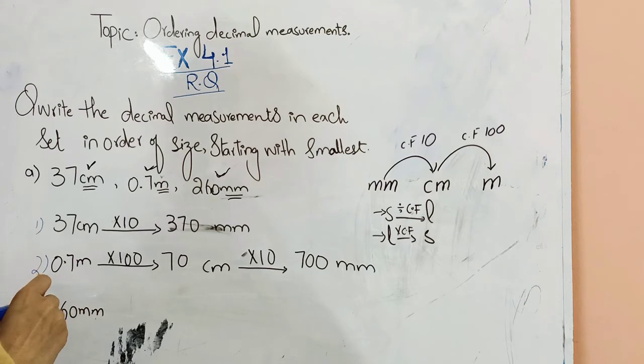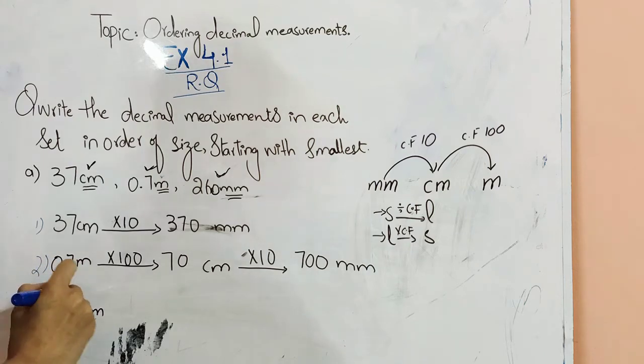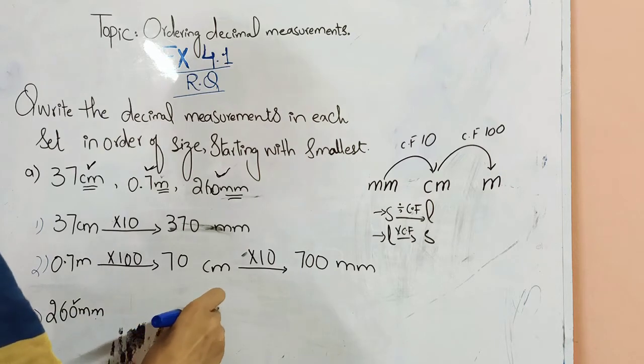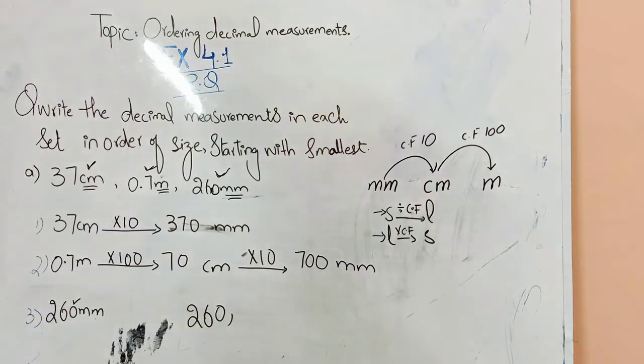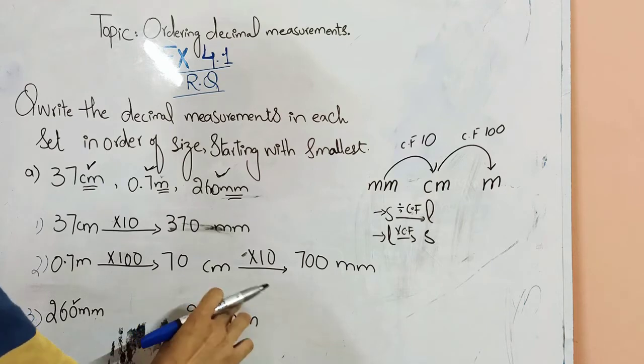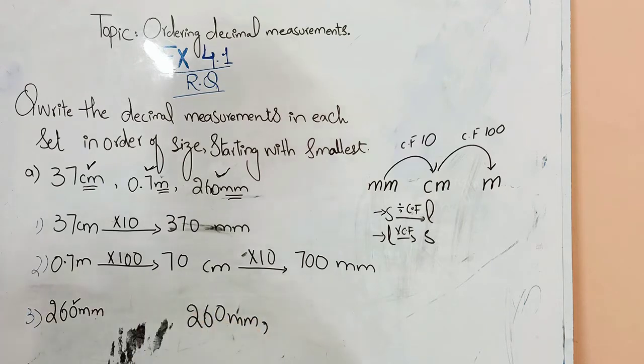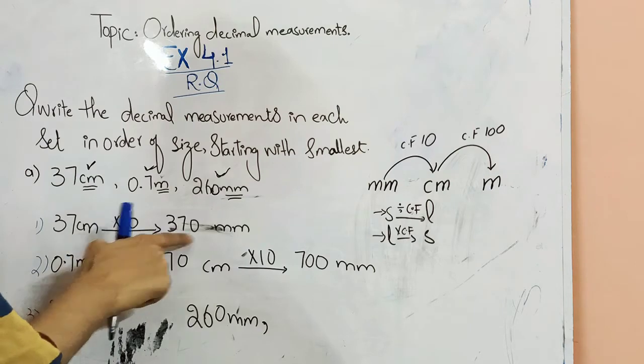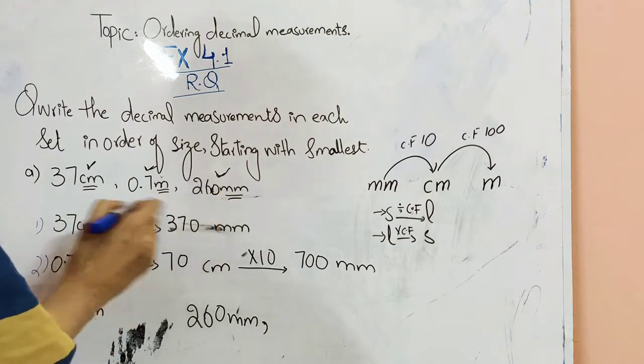Now from this you have to see which one is the smallest value. This 260 is the smallest value. When we write the answer, you have to write the actual values. So the actual value, 260 millimeter, is the smallest. Now 370 millimeter, but what is its actual value?